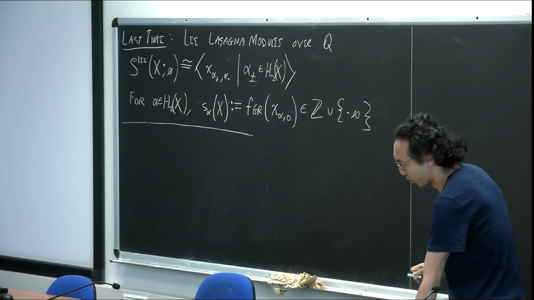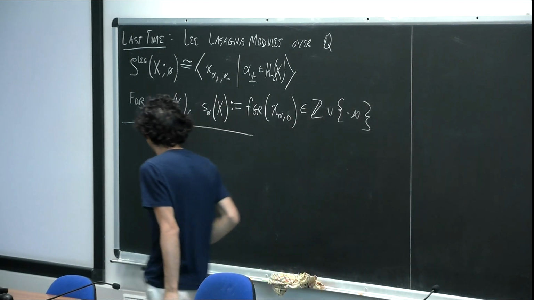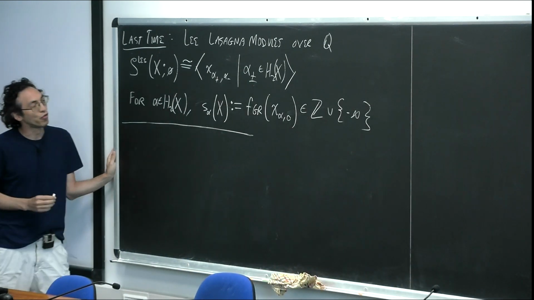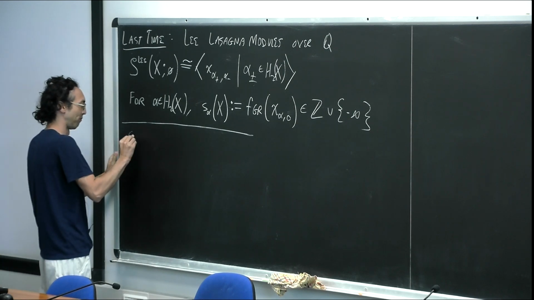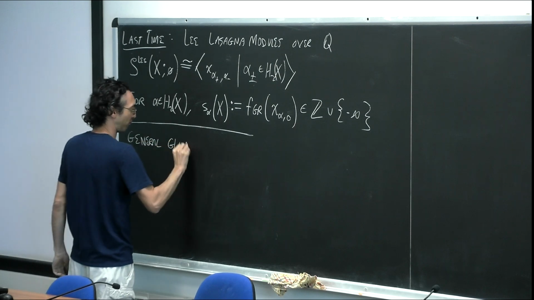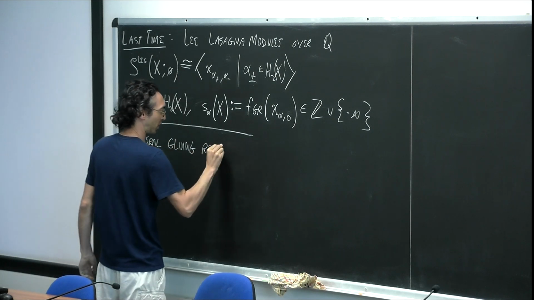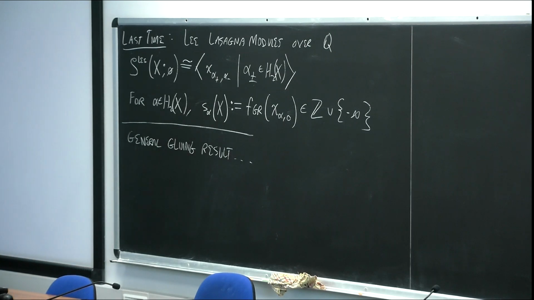So today, I just want to start. There is a general result about gluing some four manifolds together along a common boundary, and I don't want to try to write that all out.